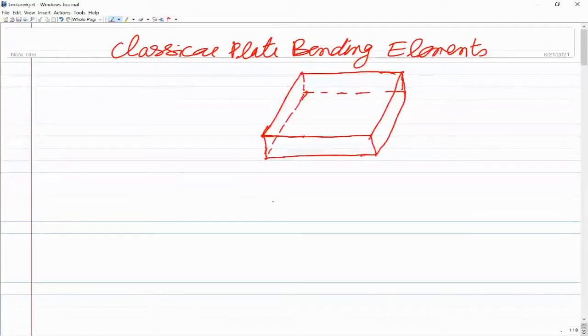The coordinates are x and y in the in-plane direction and z is along the thickness direction. Say h is the thickness of the plate. This is the coordinate system we are considering.